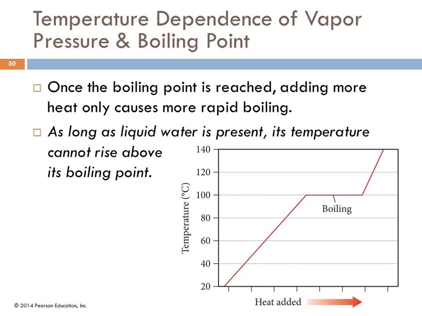And there's a lot of correlations here with cooking. Sometimes when you cook something, you put water in the bottom of a pan, even when you bake it. And that moderates the temperature because it won't go above a certain temperature as long as the water is there.